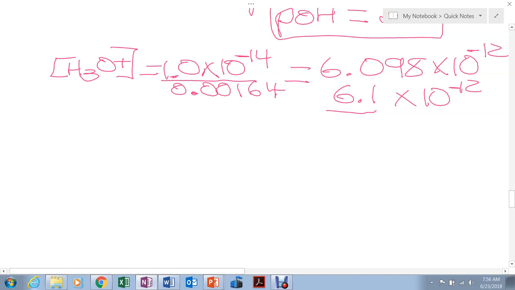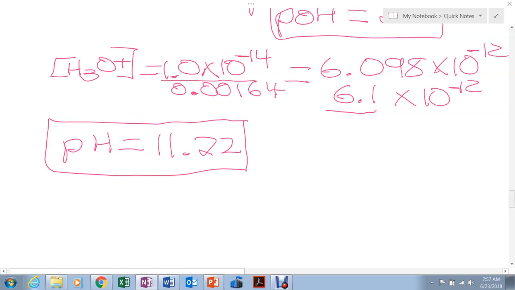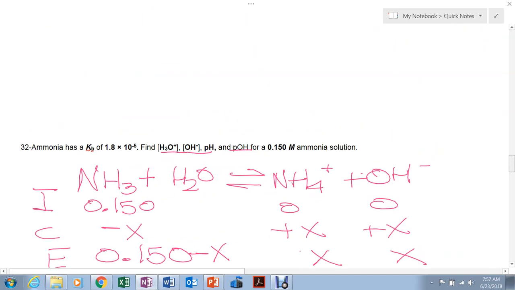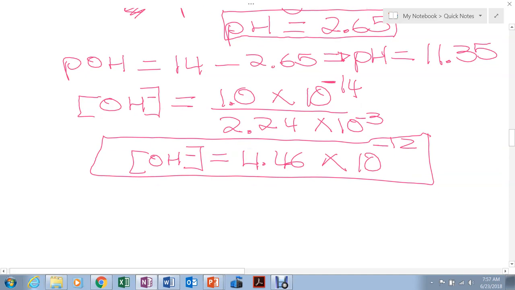And the pH, of course, is the minus log of the concentration of hydronium, and is 11.22. You're going to get different values, and you need to make sure. Let's look at something here that I forgot.